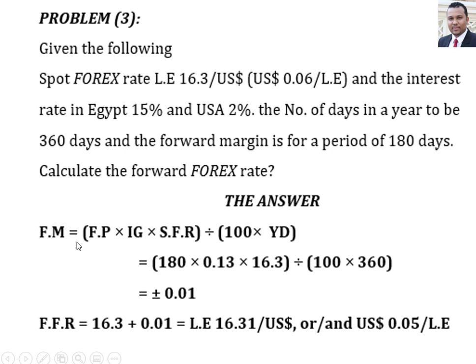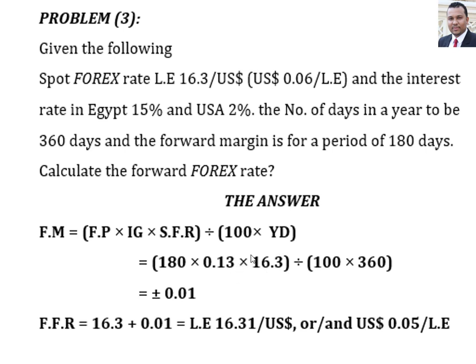From our givens, FM, forward margin, equals FP, the forward period, which is 180 days, multiplied by IG, the difference between the domestic interest rate in Egypt, 15%, minus the foreign interest rate in USA, 2%, so the result equals 13%.